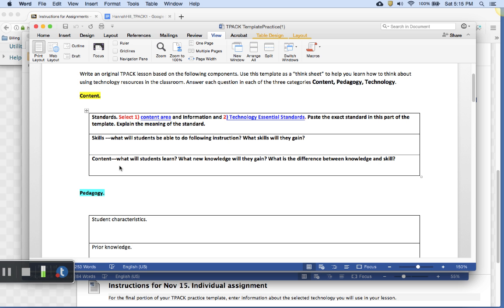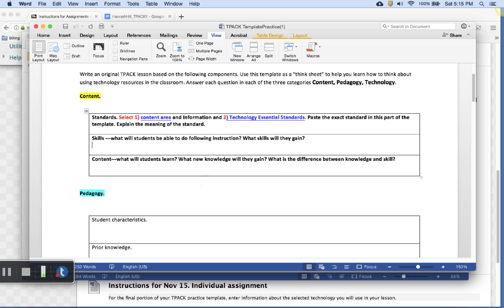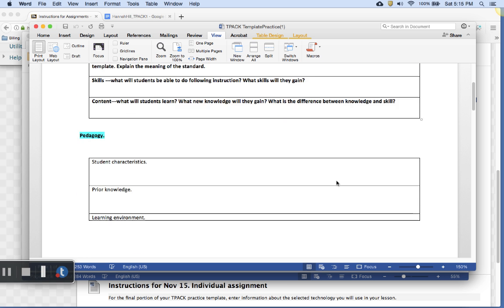This doesn't need to be very lengthy, but 2 or 3, maybe 4 sentences to clearly articulate in your own words what you are teaching. And then the same here, and this probably would be a little shorter, describe any skills the students would gain following instruction. So you can see the difference here in the content section.